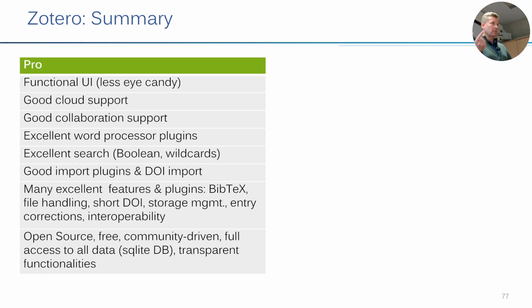Via a DOI, you can import publications. It will pull the metadata just like JabRef did. All kinds of ways to get data in there. It's really easy. Of course, you can also just paste BibTeX. If you have BibTeX, copied from a website, paste it in, it will create the entry for you, or import entire BibTeX files. If you have large BibTeX files, that's all working, no problem.